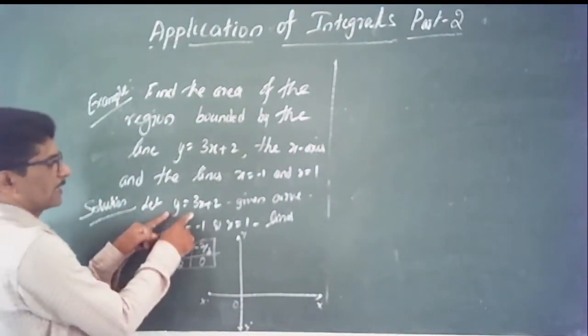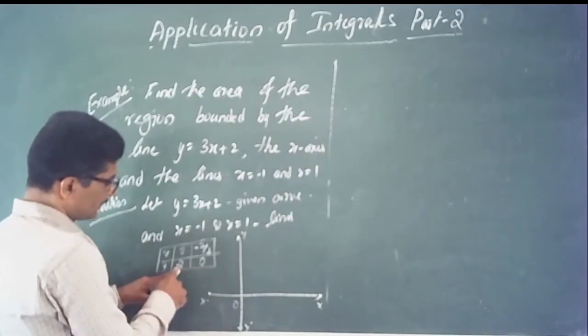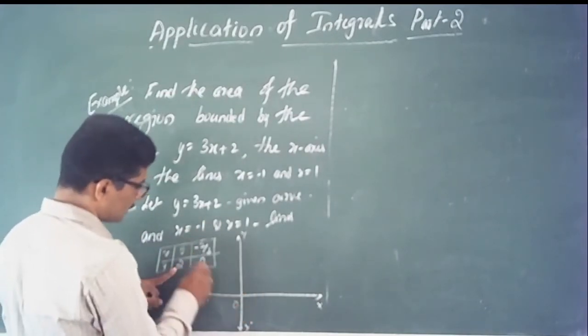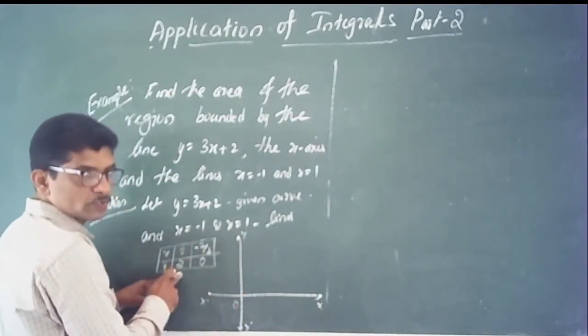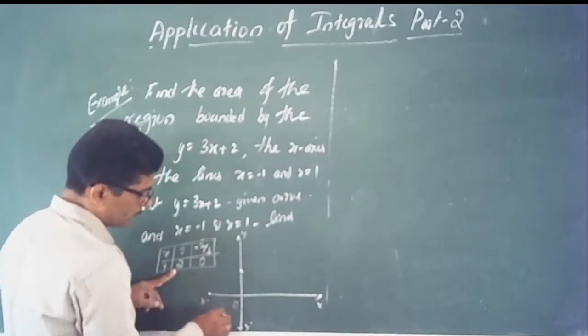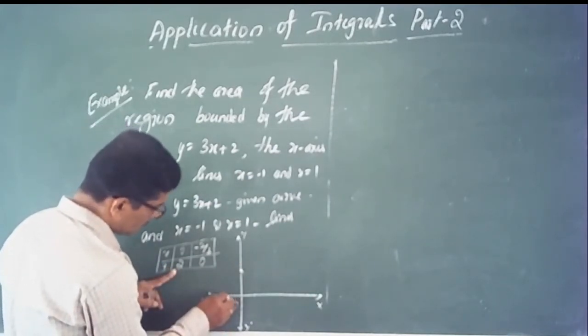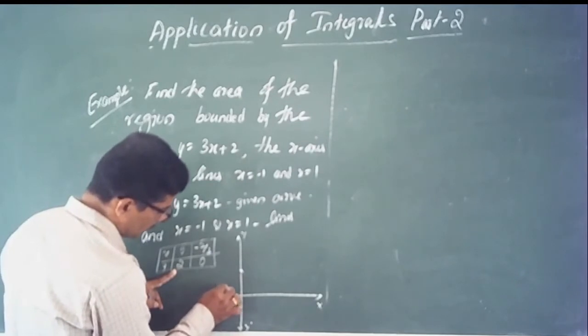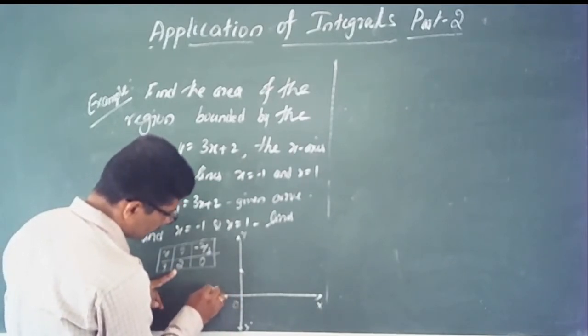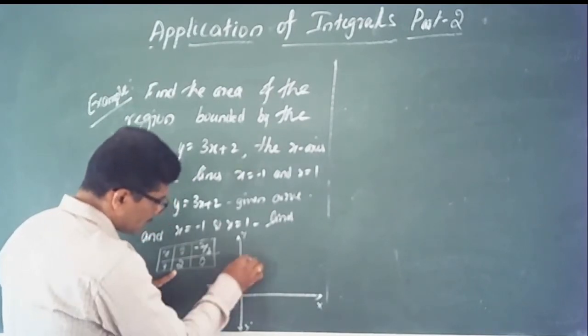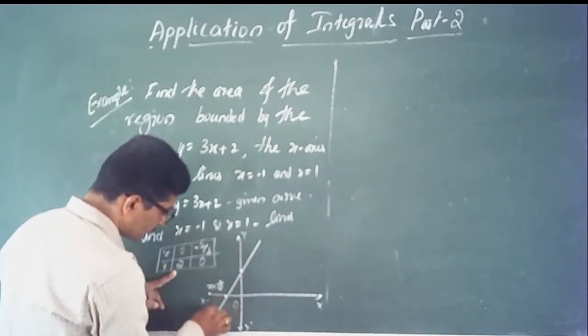First draw the line. Here finding the x and y-intercept. The x-intercept is -2/3 and the y-intercept is 2. Then we draw this line. It is a straight line.